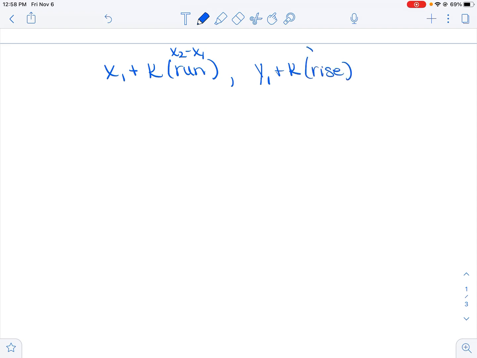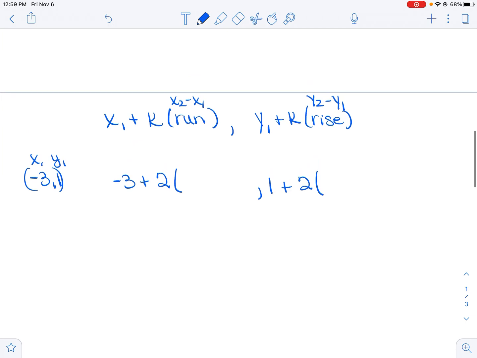And we know that the rise is y2 minus y1. Okie doke. Our starting point was, I'm just going to do A prime, -3, 1. Okay, so this is x1, this is y1. So I'm going to put -3 plus the scale factor of 2. Over here, 1 plus the scale factor of 2.